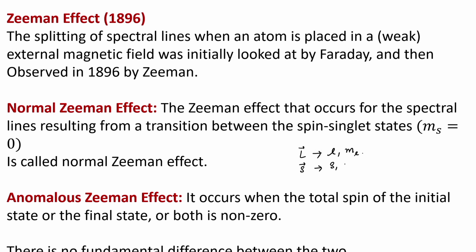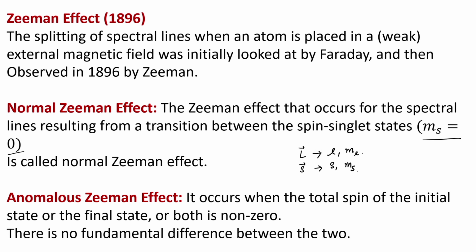So, now we will have to talk about S and MS, the magnetic quantum number associated with the S operator, and we rename the M, which we used so far for the orbital angular momentum, as ML. The Zeeman effect would arise when MS is equal to 0, and this is called the normal Zeeman effect.